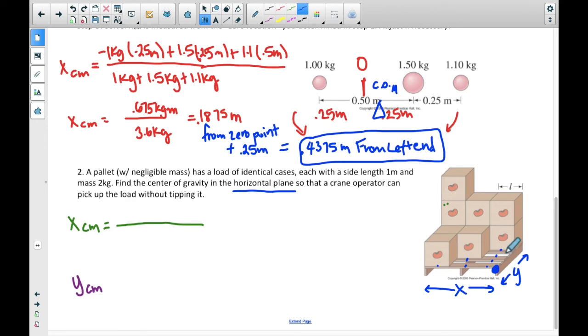Well, how many do we have at the half meter mark? Well, we've got 2 boxes. Each box is 2 kilograms. So that means we have 4 kilograms at 0.5 meters away. If we look at the next line, again, sticking in the x direction, we have 1, 2, 3, right? Do you see all 3 of them?